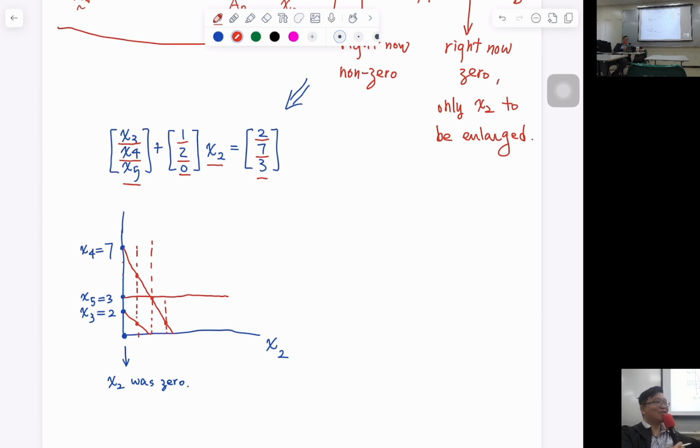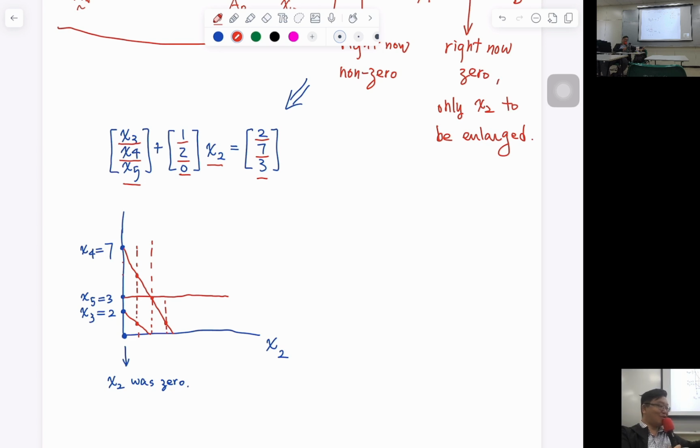Can anyone be smart enough to tell me? From x4, x5, and x3, when I increase x2, one of them was not 0, now it's going to change and become 0. Which one? x5 equals 3.